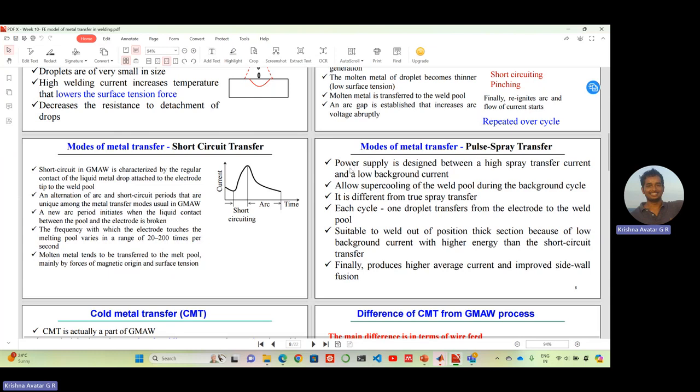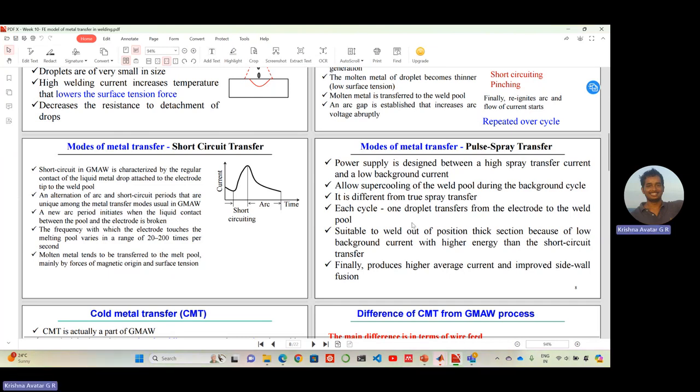In pulse spray transfer, the power supply is designed to alternate between a high spray transfer current and a low background current, isn't it? It allows supercooling of the weld pool during the background cycle, and it's different from the true spray transfer.